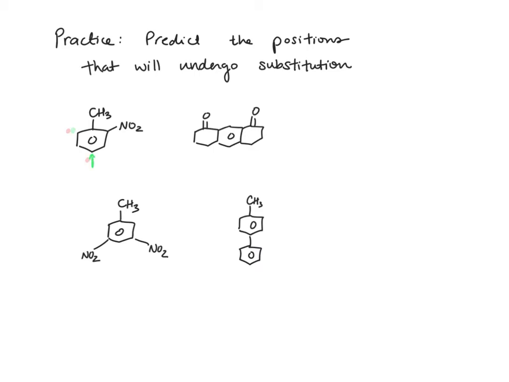So we'll have our substituents going ortho and para to the methyl group. When we look at the next example, we've got our alkyl groups, which are ortho-para directing, and then our carbonyl groups are meta directing, and the meta position to the carbonyl is blocked, so the only position of functionalization here is this one.